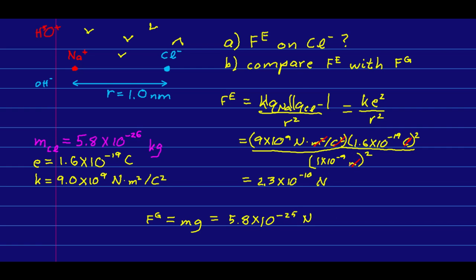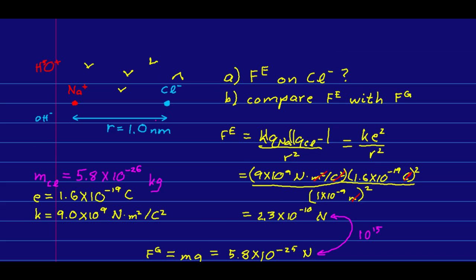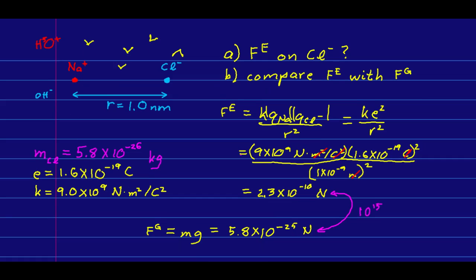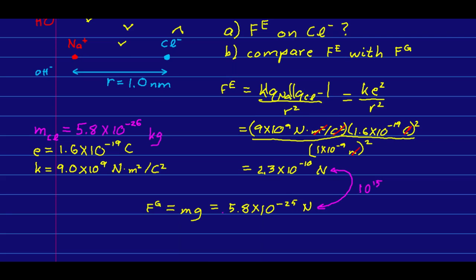So note that the electrical force on this chloride ion is about 15 orders of magnitude larger than the gravitational force on the chloride ion. So this is in general true that on molecular scales, and even on scales rather a lot larger than molecular scales, such as on the scales that bacteria exist on, gravitational forces just don't matter. The electrical force is all we have to worry about.